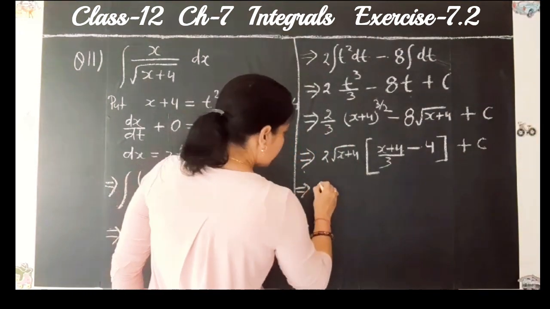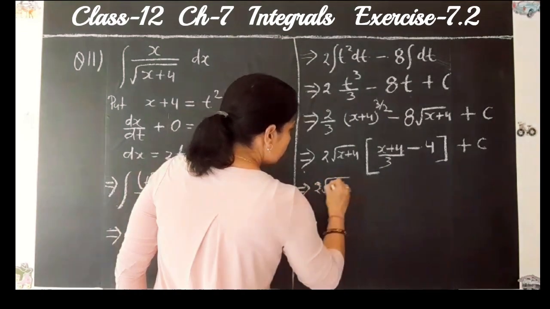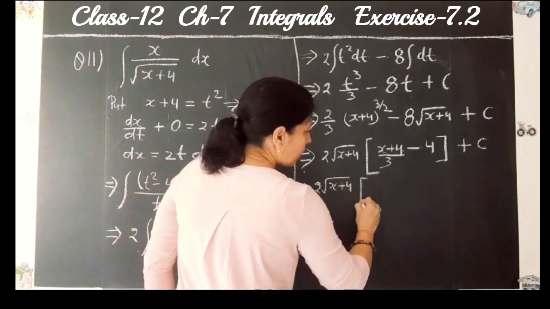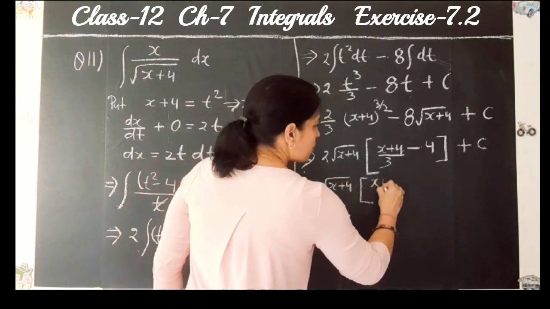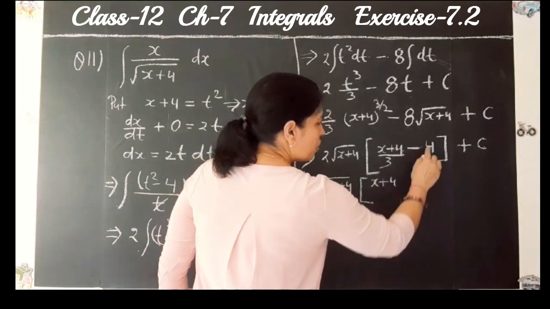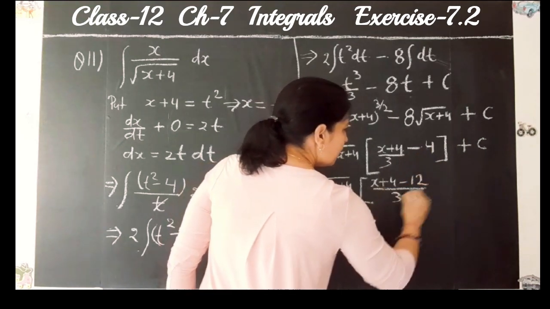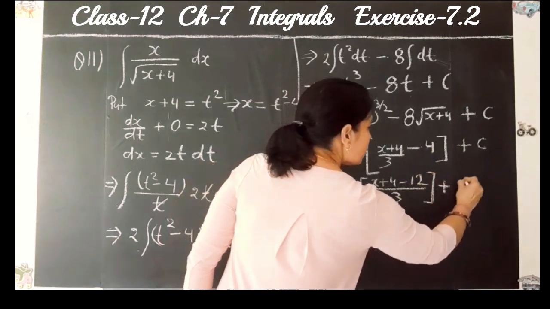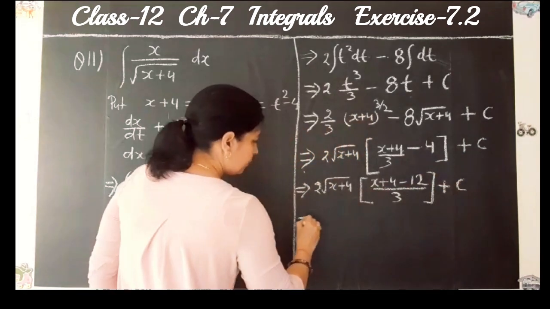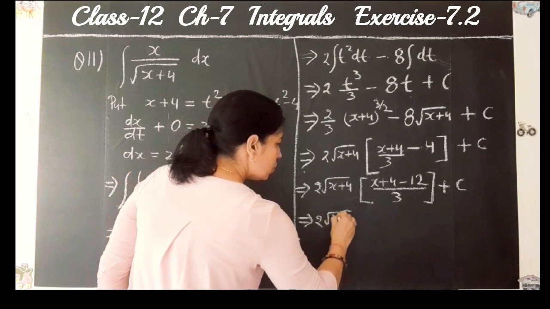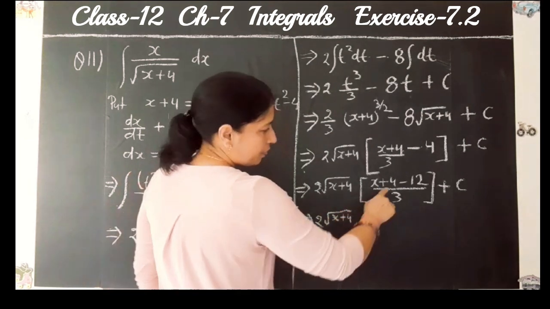Then write 2 root x plus 4, here x plus 4, 3 fours are 12. So write here minus 12 divided by 3 plus constant c. Then we can write 2 root x plus 4.